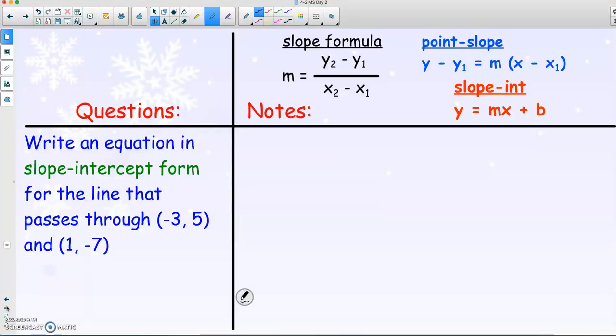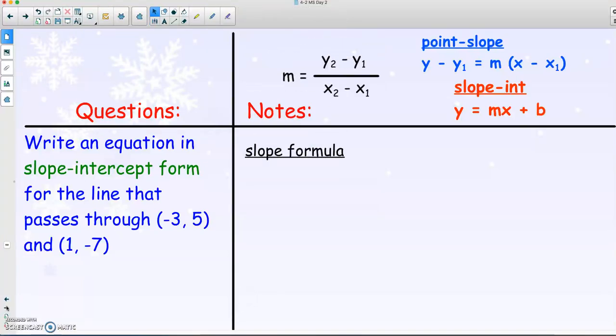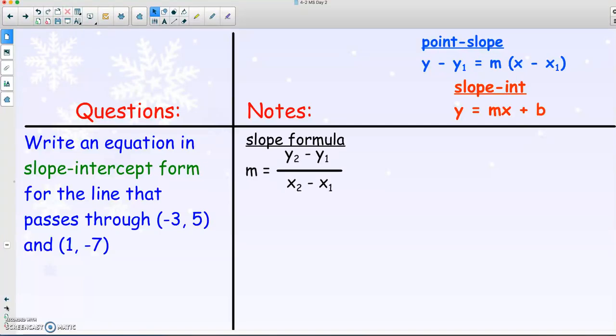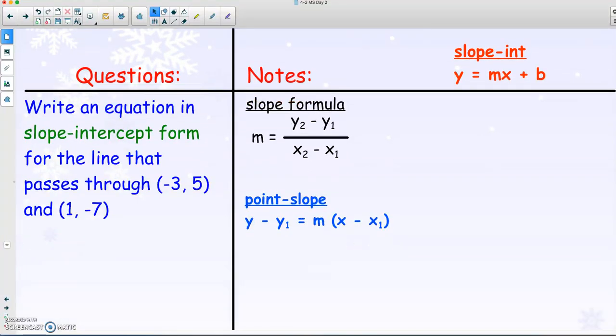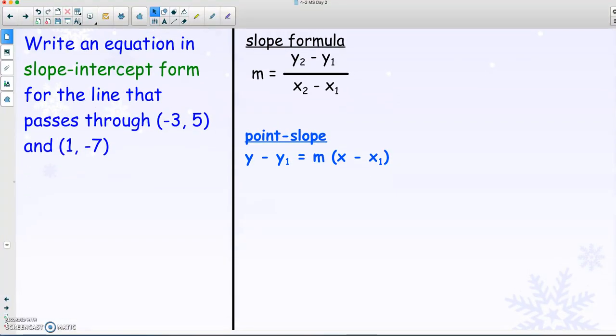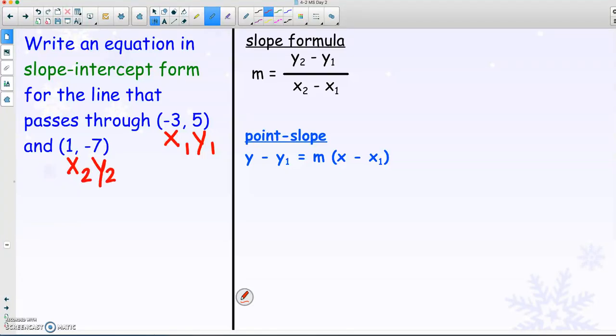Example number 2, same process. So slope formula first, and then point slope. My first ordered pair, (-3, 5) this time. And my second ordered pair, (1, -7).